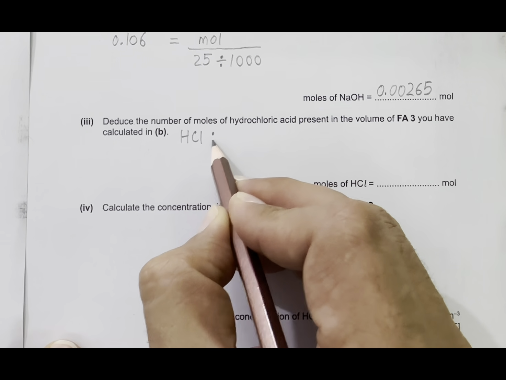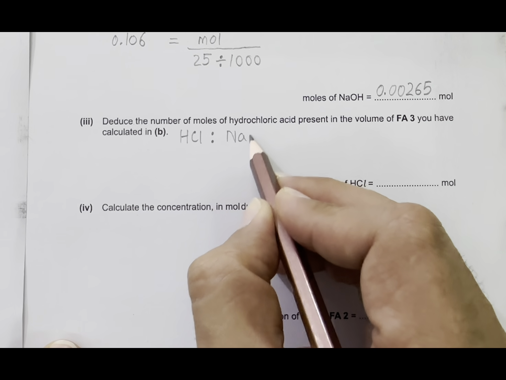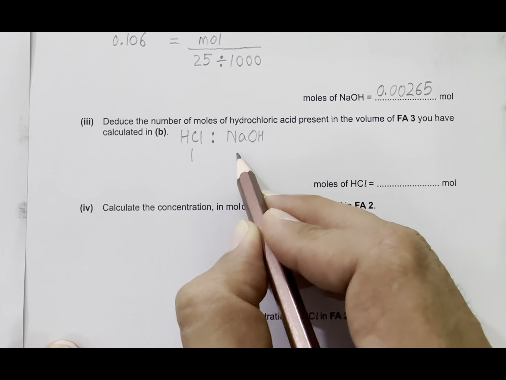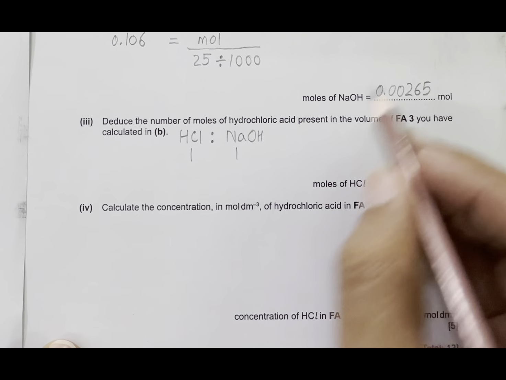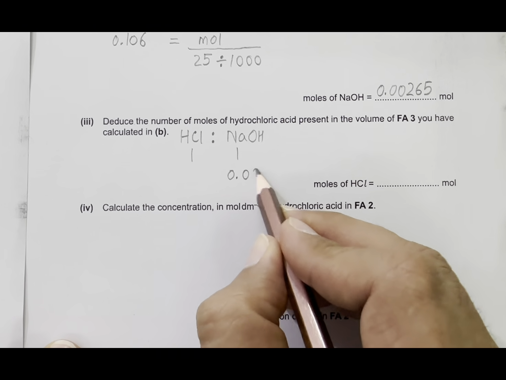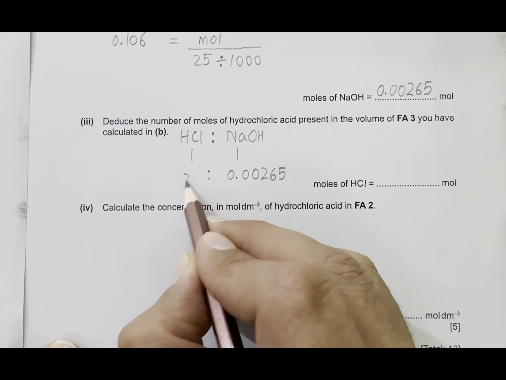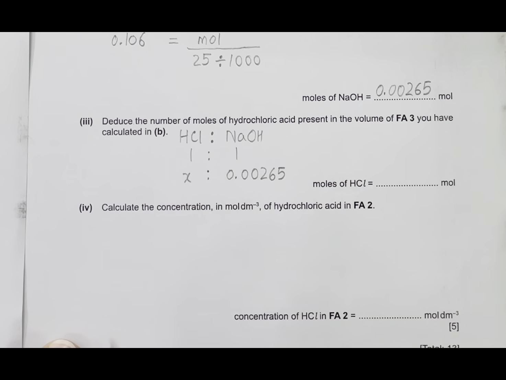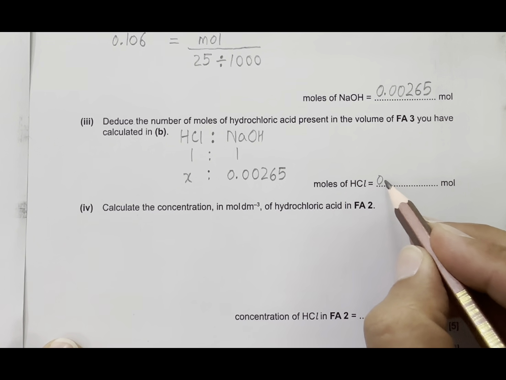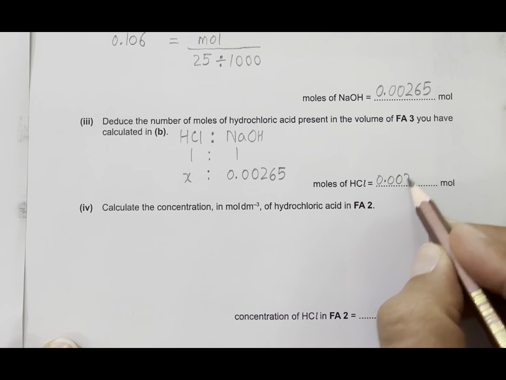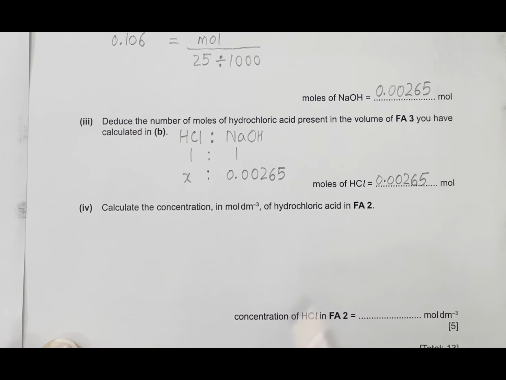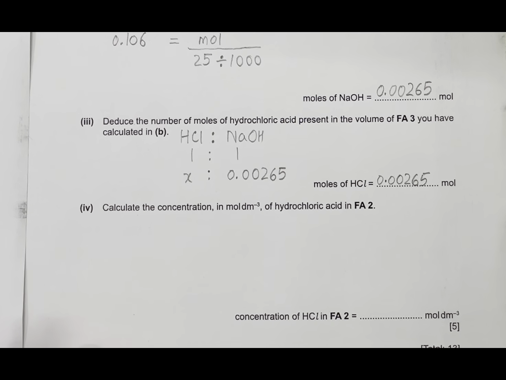HCl reacted with sodium hydroxide in 1:1 ratio. So the moles of sodium hydroxide we got in the previous part must have reacted with the same moles of hydrochloric acid. So 0.00265 moles of acid must be consumed.